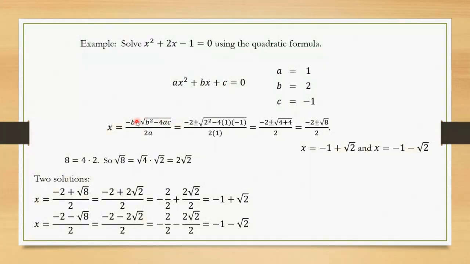So from here, we get negative b, and b is 2, so negative 2 plus or minus the square root of 2 squared, which is 4, minus 4 times a, which is 1, times c, which is negative 1, over 2 times 1. So we get negative 2 plus or minus the square root of 4, but here we have minus a negative, so we get plus 4, over 2.